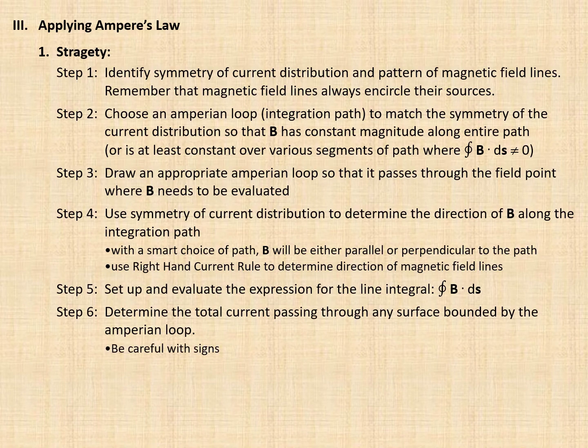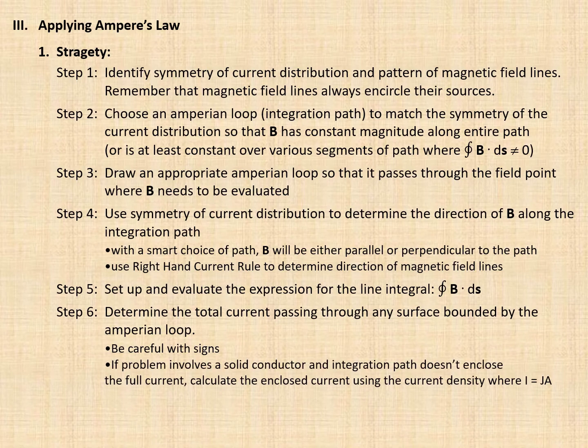Be careful with signs. If a problem involves a solid conductor and the integration path doesn't enclose the full current, calculate the enclosed current using the current density, where the current is equal to the current density times the area.